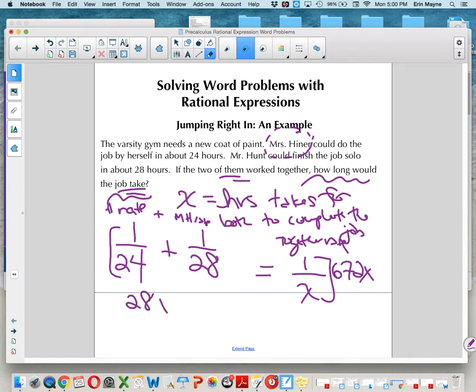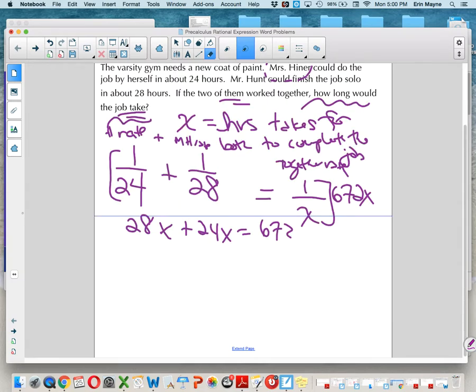This would be 28x plus 24x equals 672. 24 plus 28 is 52x equals 672. And 672 divided by 52 is 12.92.